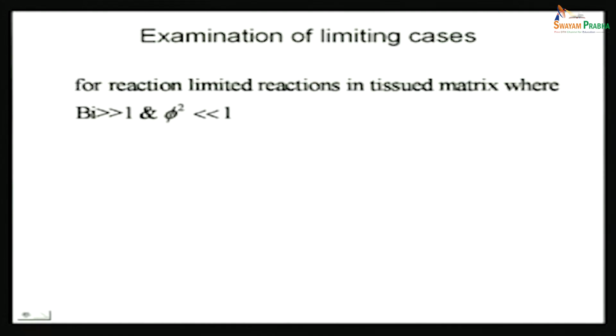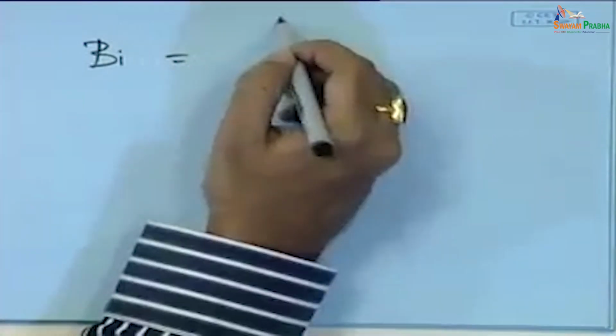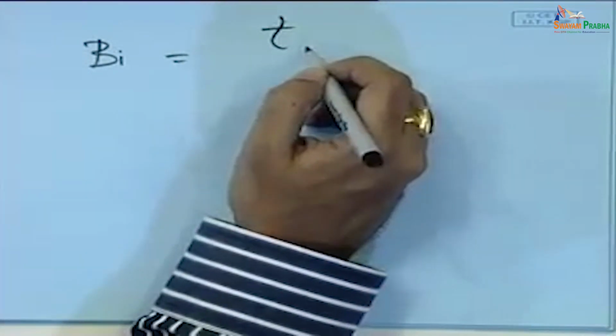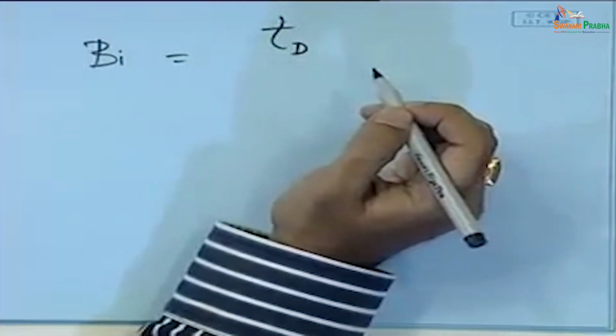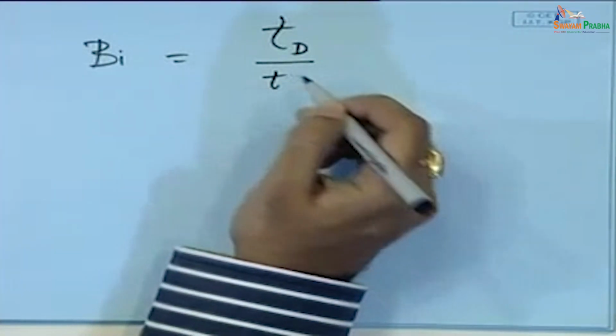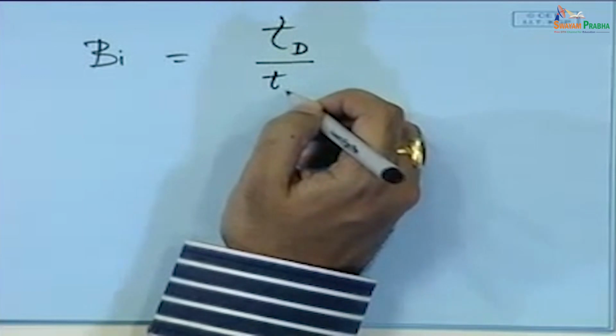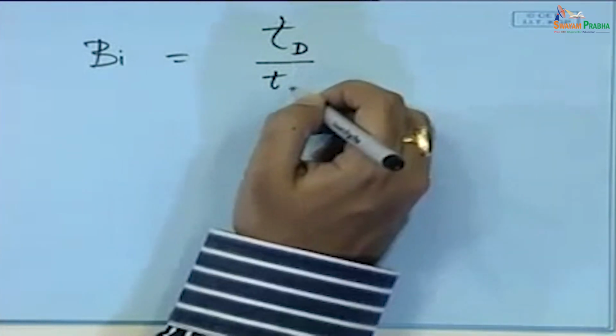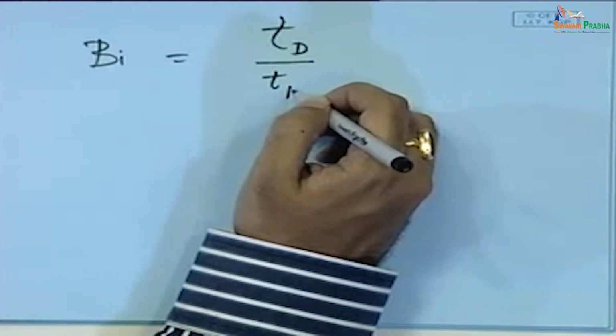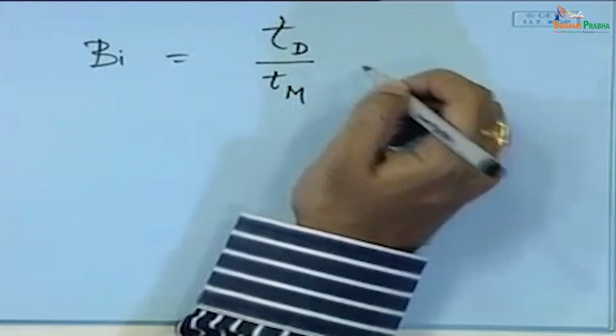And the second condition involves the Biot number, right? What is the Biot number? Biot number is T interface over, between the surface and outside, T D over T M, I think, yeah.